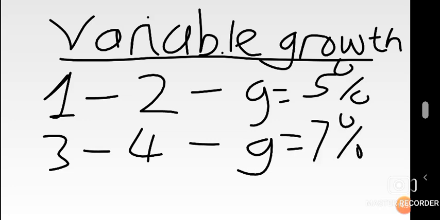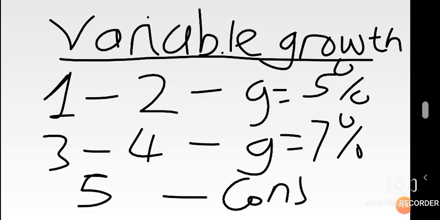Have you seen any constantness there? No, right? Year 1 to year 2 is like this. Year 3 to year 4, things have changed again. Then they tell you, okay, year 5, things are now back constant, and they even give you a certain rate, maybe growing at a constant rate of 10%.